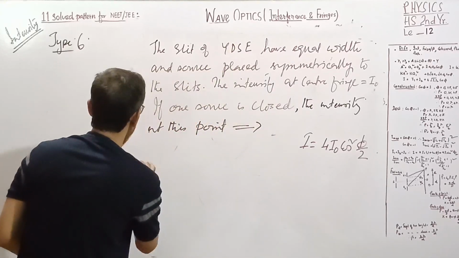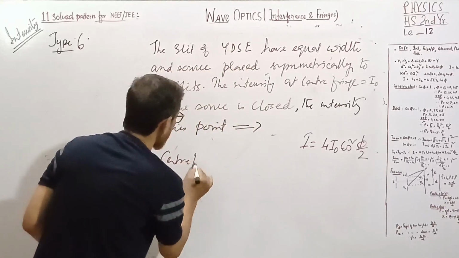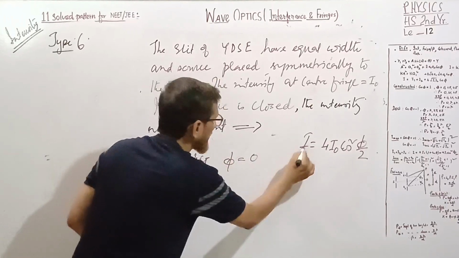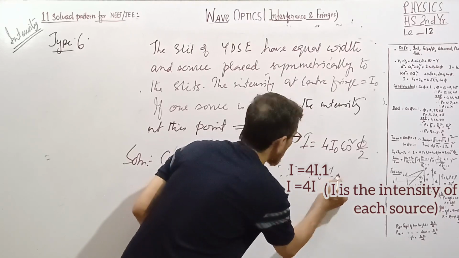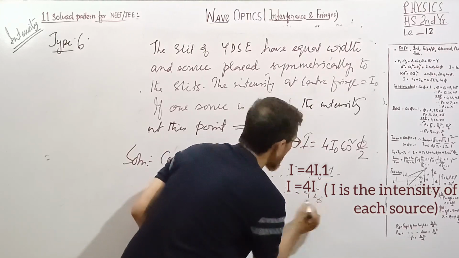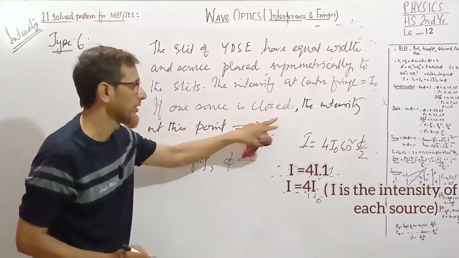So solution: for the center fringe, I is equal to 4 I naught into 1, that is equal to 4 I naught, that is I is equal to I naught. Now one of the slits is closed.